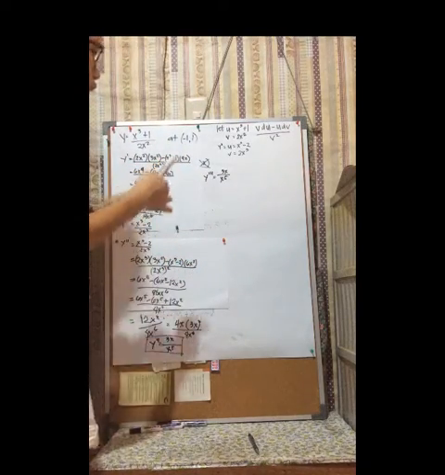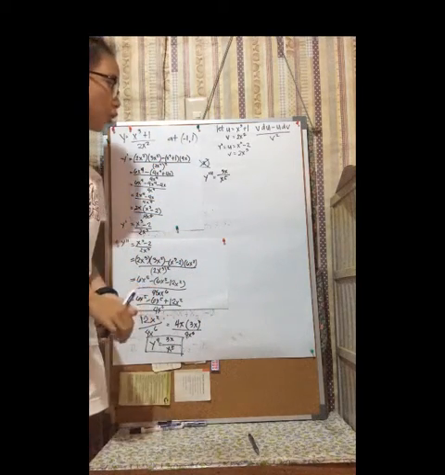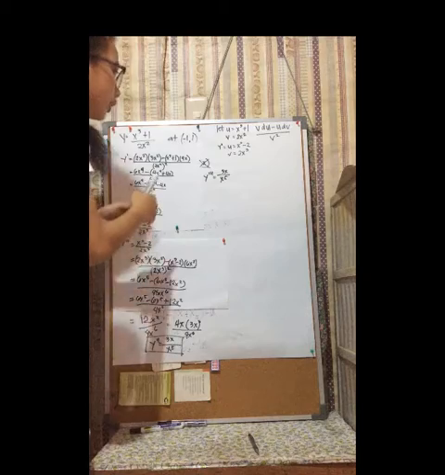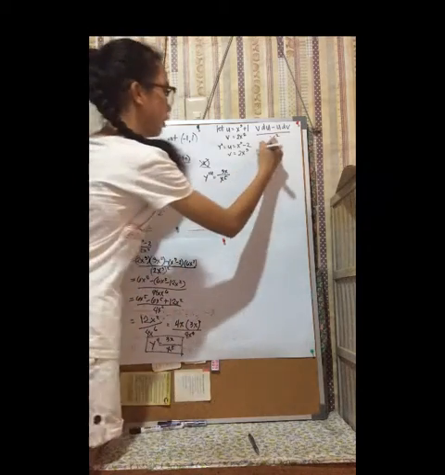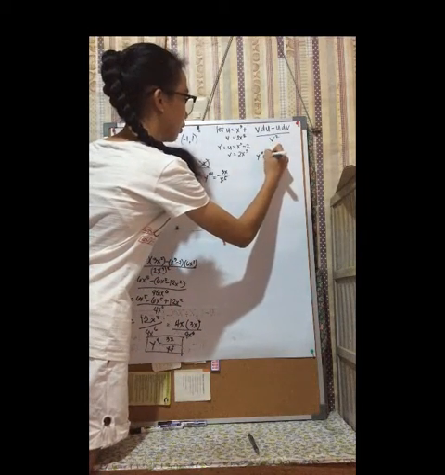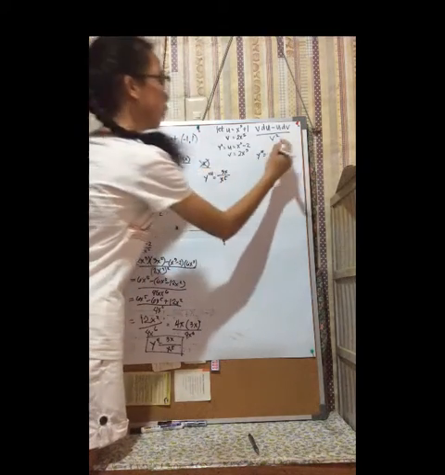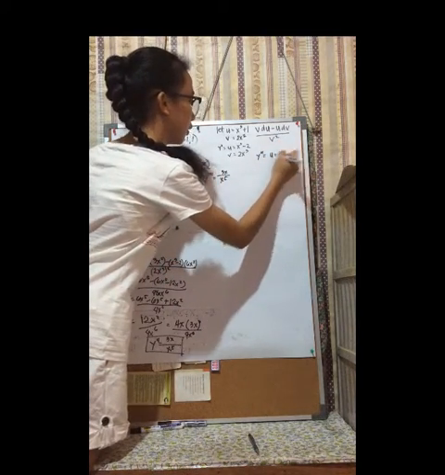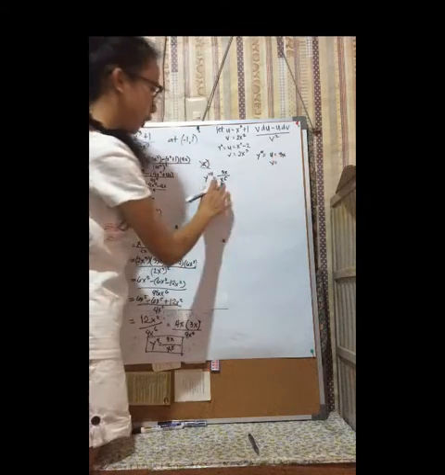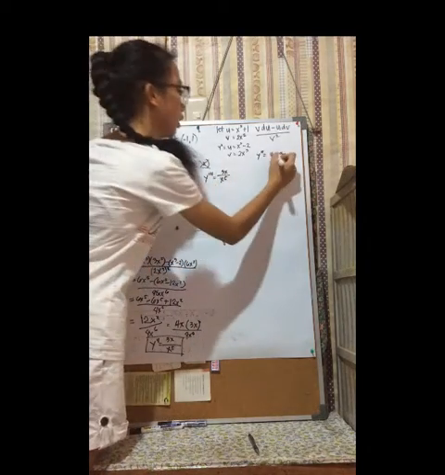We are still going to use the quotient rule. Let u equal 3x and v equal x to the 5th.